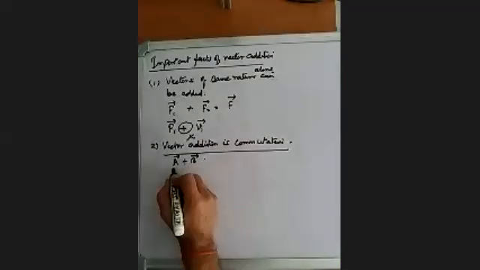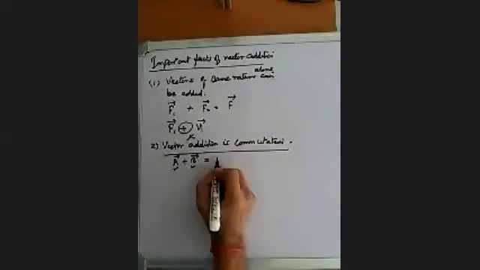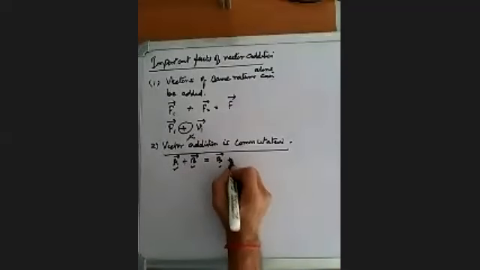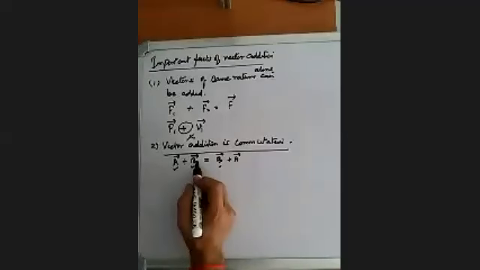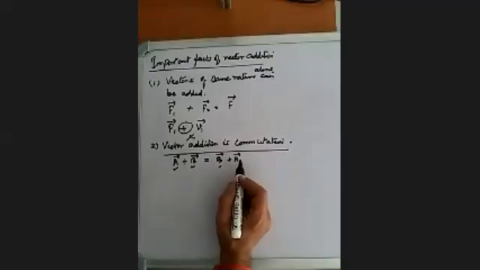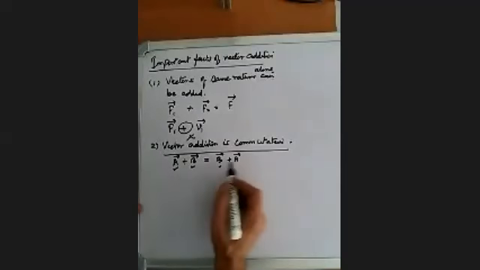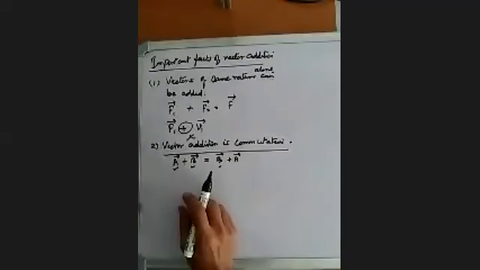That means we take vector A first and B second, and we also add the two vectors by taking B first and then A as the second vector. So A vector plus B vector is equal to B vector plus A vector. Whichever vector we take first, it doesn't matter. The addition of two vectors is always equal, in whichever order we add these two vectors.